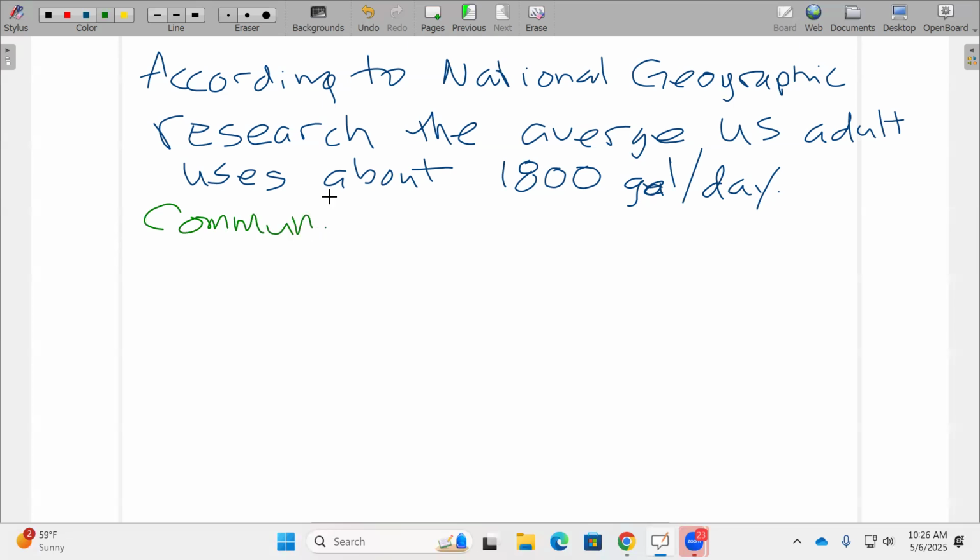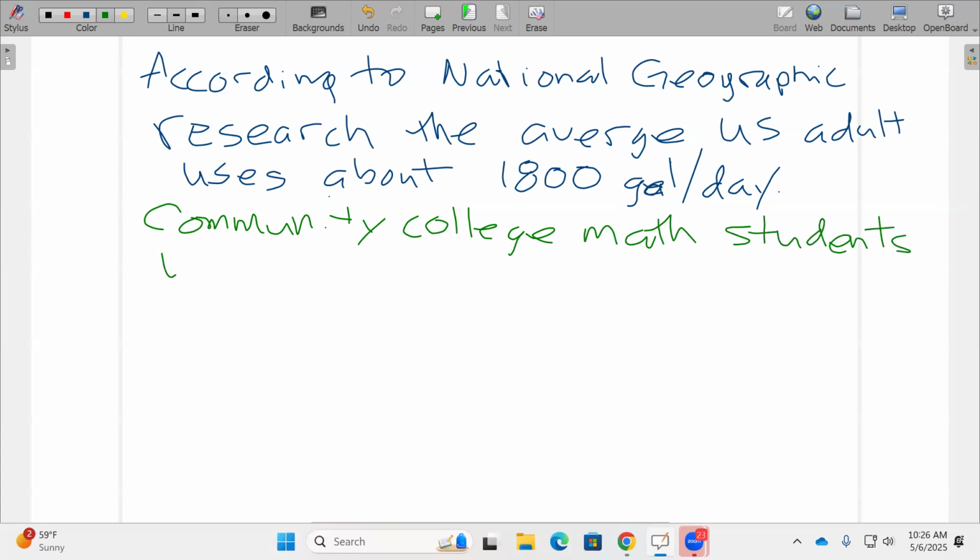Claim. Community college students, or let's say community college math students, which is pretty much most community college students, use about the same. Now, if they use about the same, then that means they don't use a different amount, right?